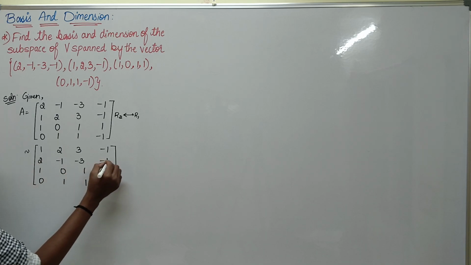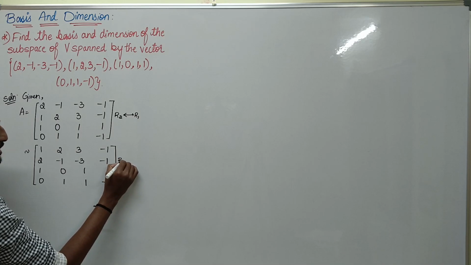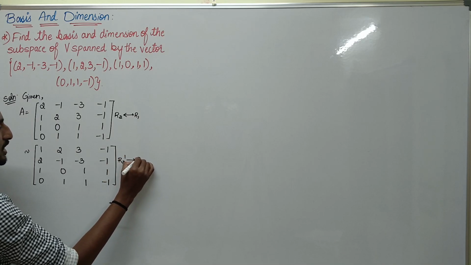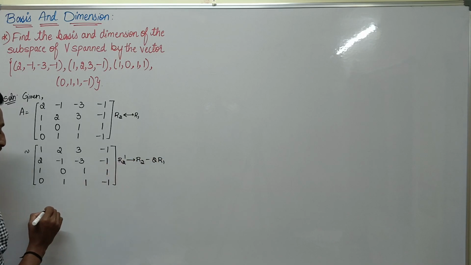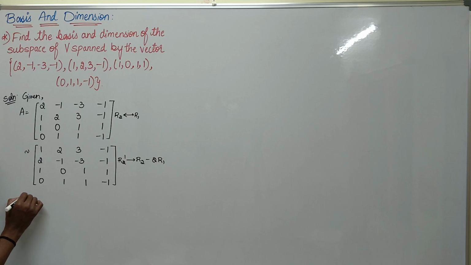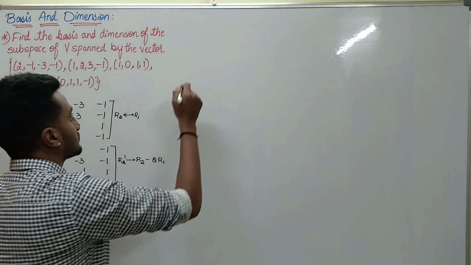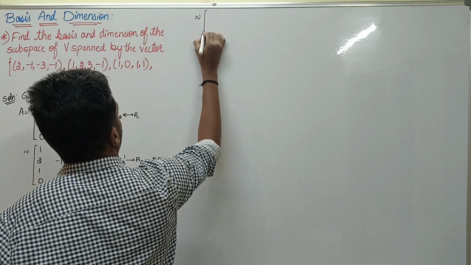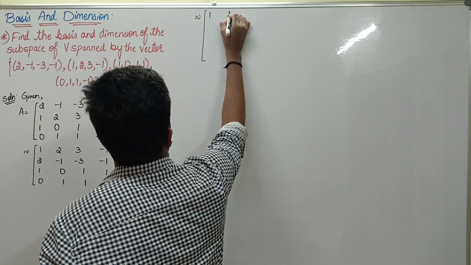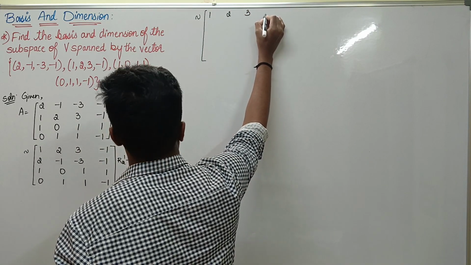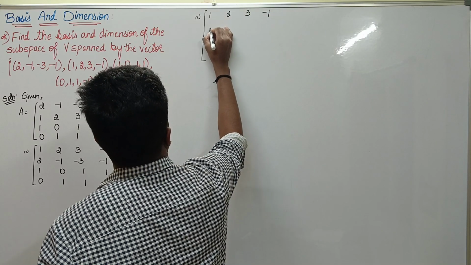So using elementary row operations, R2 dash changes to R2 minus 2 times R1. The first row remains the same, 1, 2, 3, minus 1.